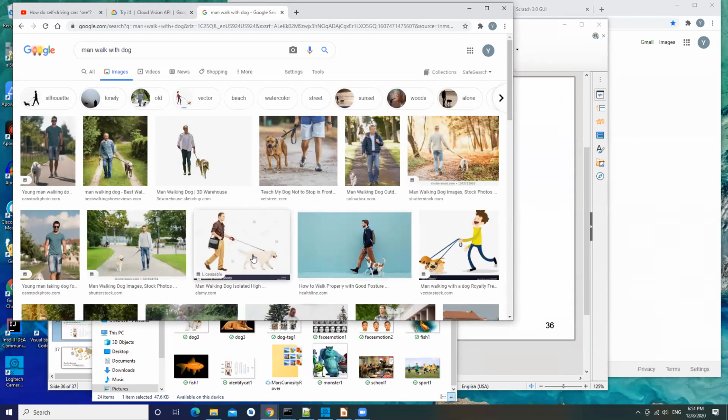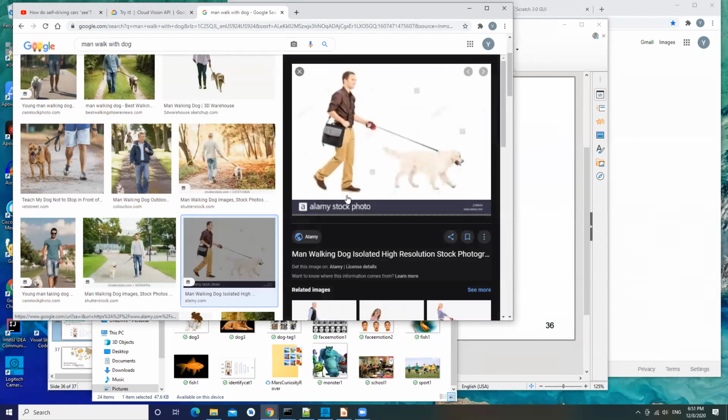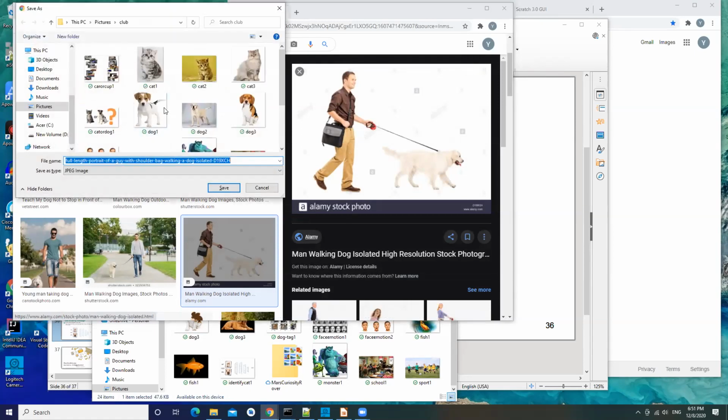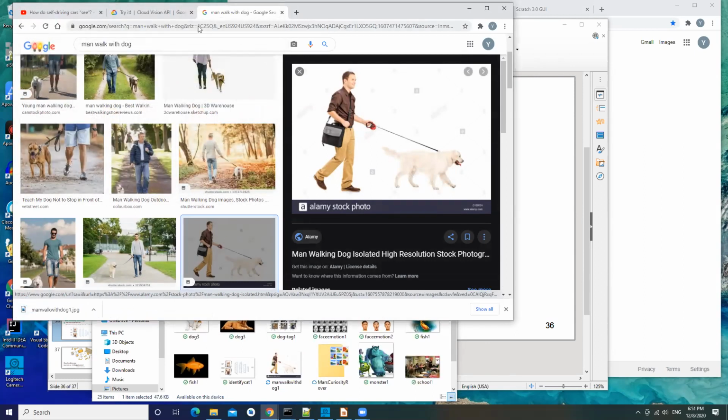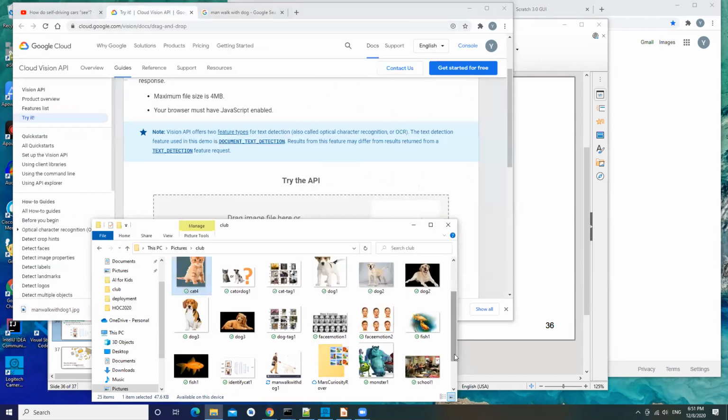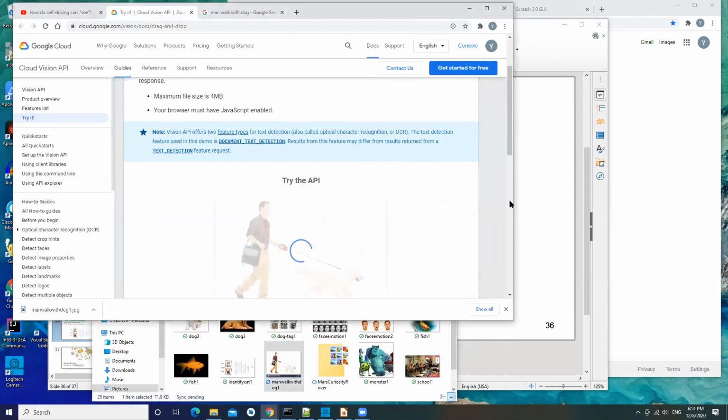I use a simple image first. Okay, so this is the man walking with a dog, and I save this. Go to my man walk with dog. Okay, so I have this one, and then I try to upload this. Okay, you just drag this picture over here.